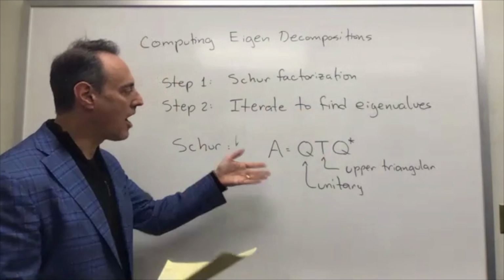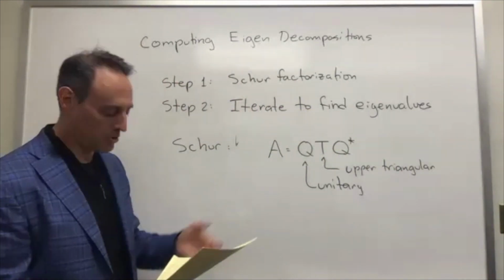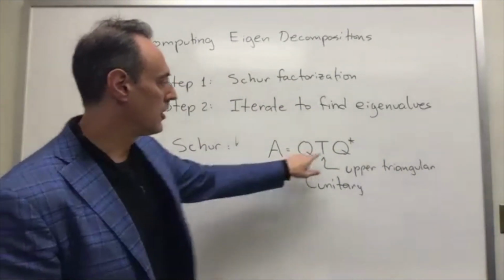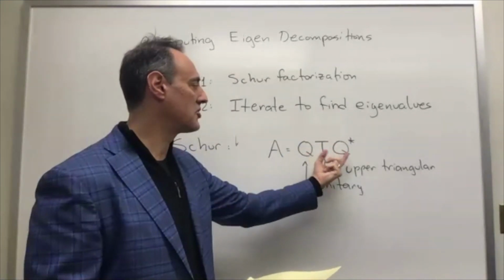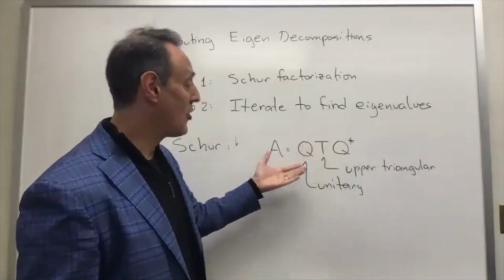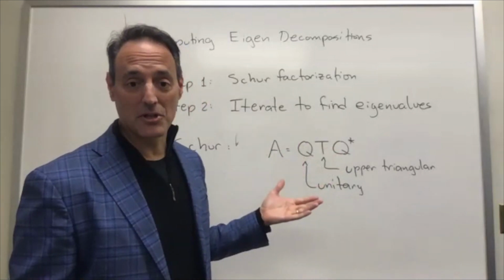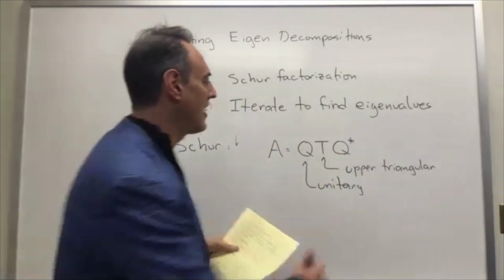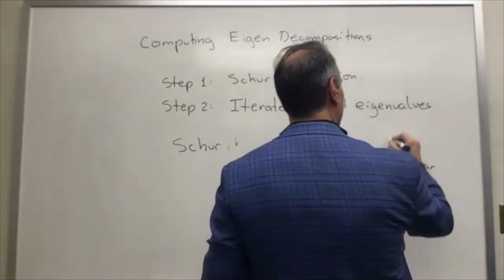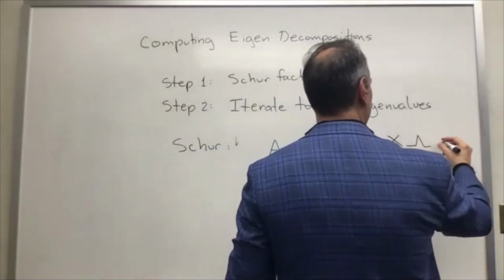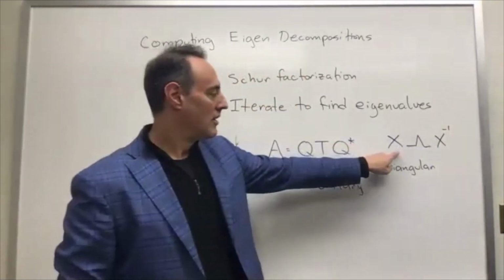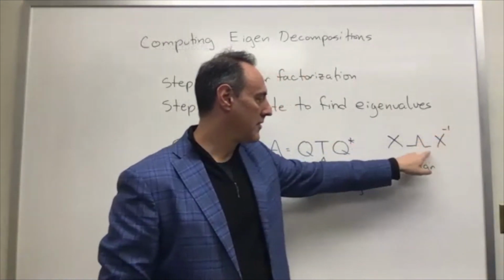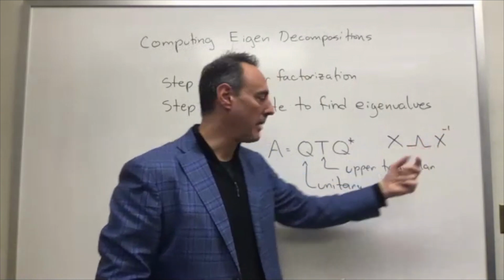So how do we accomplish this Q and this Q transpose here, this unitary matrix, right? Q, Q star, right? So the nice thing is this is the inverse. And by the way, notice how much like an eigenvalue decomposition it looks like, right? Remember an eigenvalue decomposition looks something like this, eigenvectors, the inverse of the eigenvectors plus some diagonal matrix.